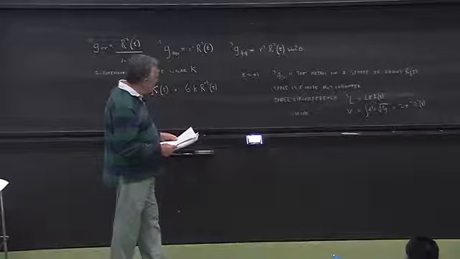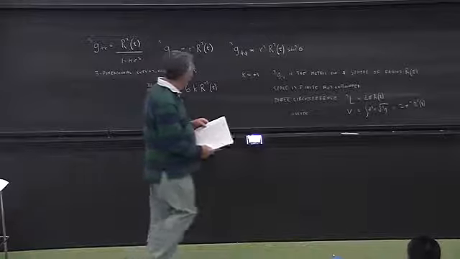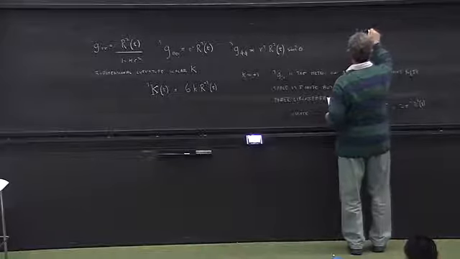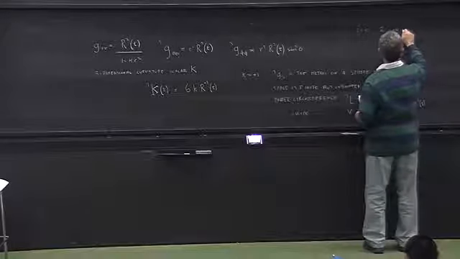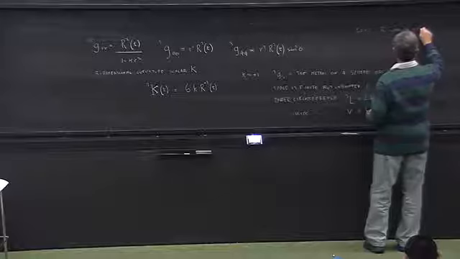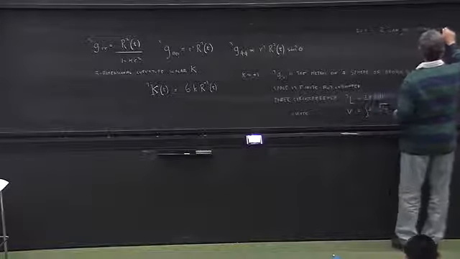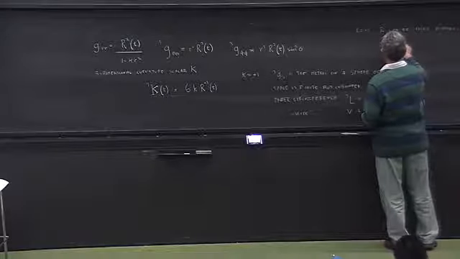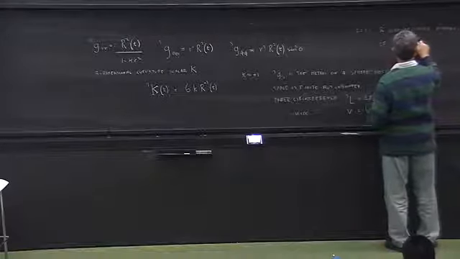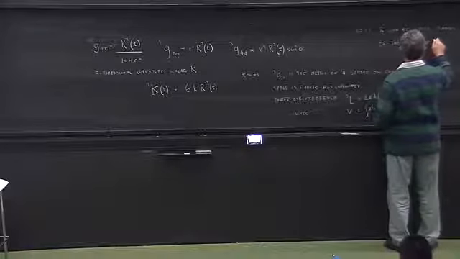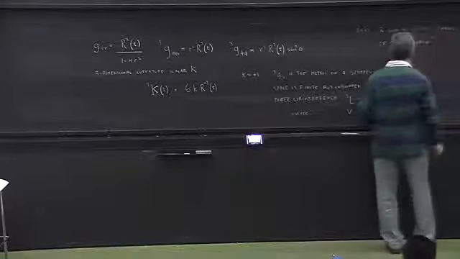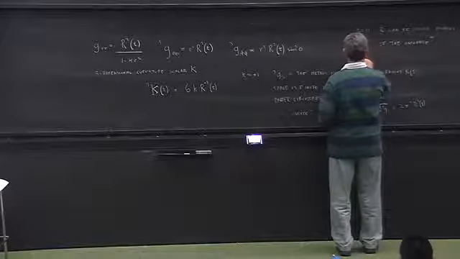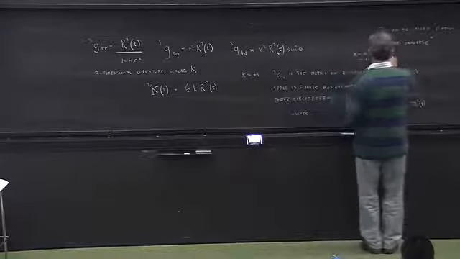So when k equals plus 1 at least, R is the radius of the universe. Now, that's not the case for k equals 0 and k equals minus 1, because the volume is infinite.